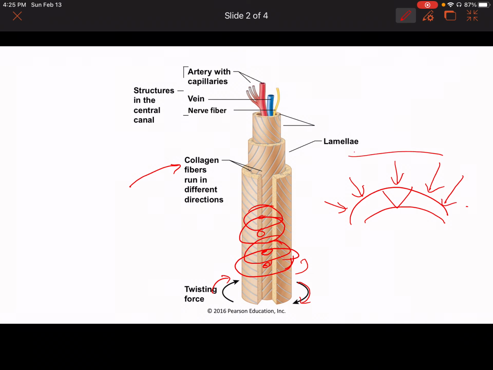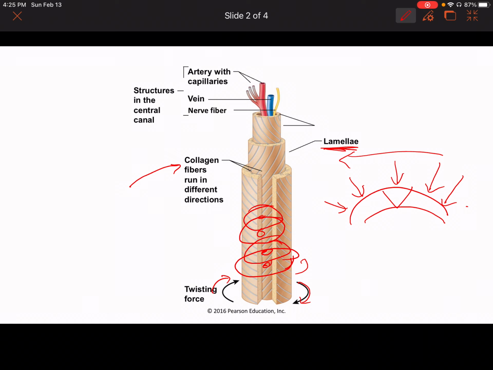Well, the same idea applies here in that we have this concentric circle, like a double arch working to resist all of those forces. Each one of these layers is a lamella, and the lamellae are all of them together in the plural.